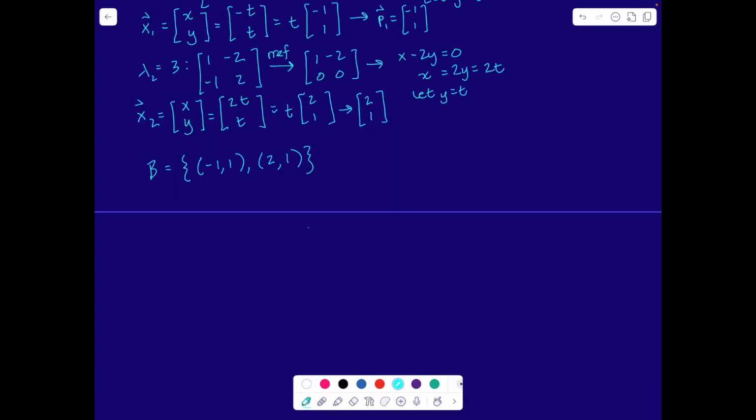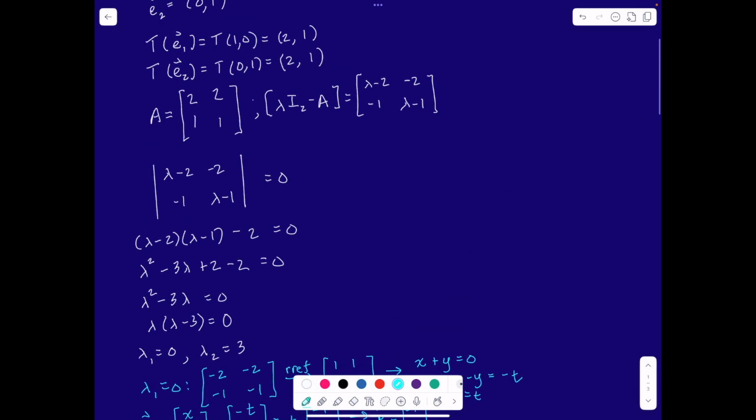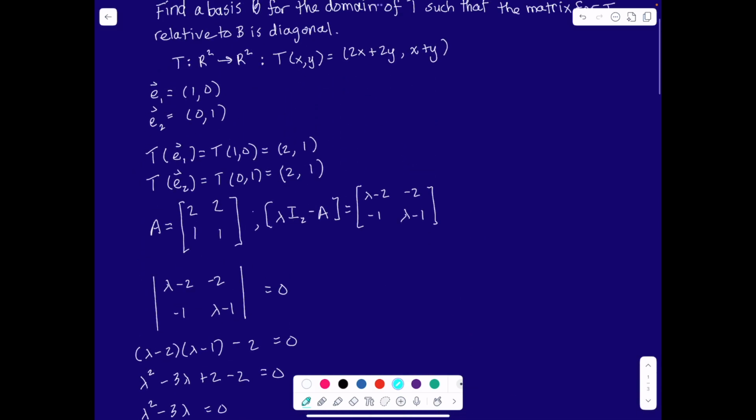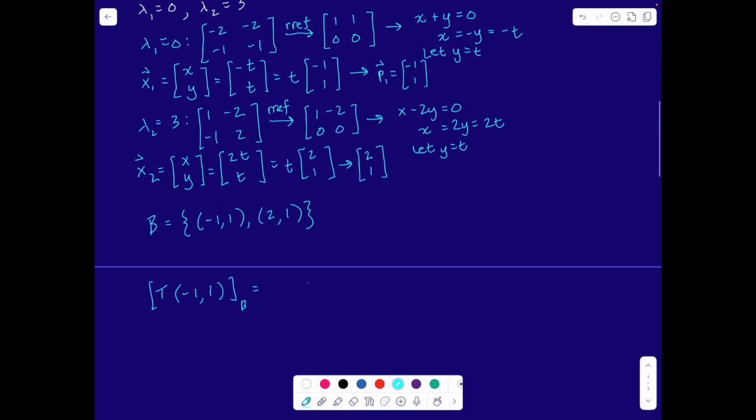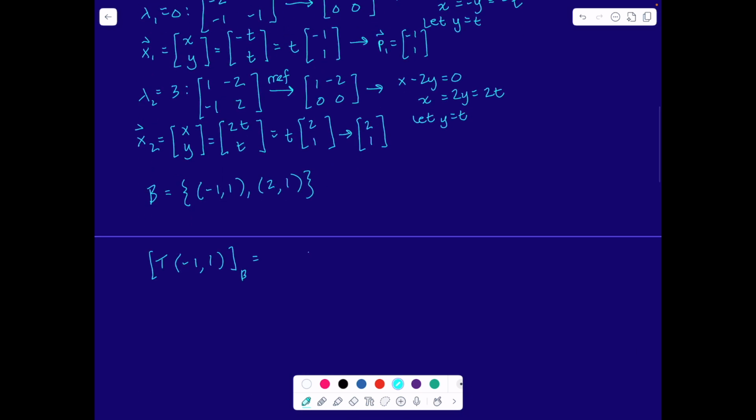So now we need to find the linear transformation evaluated at these vectors relative to B. If I plug in (-1, 1) into the original linear transformation, I would get negative 2 plus 2, and then negative 1 plus 1, so I would get (0, 0). And that's relative to B.